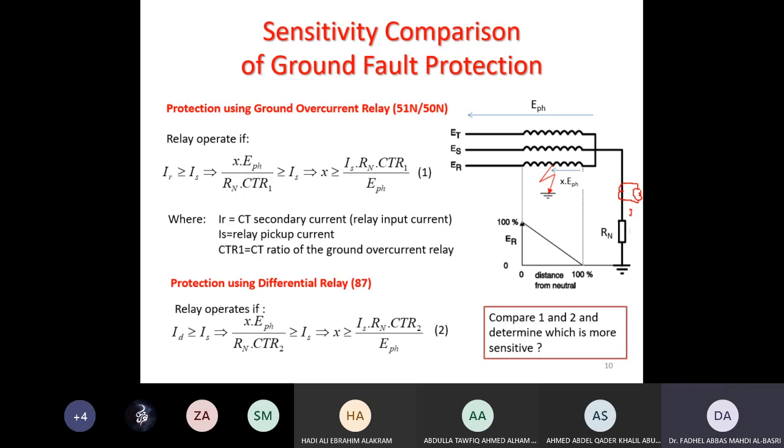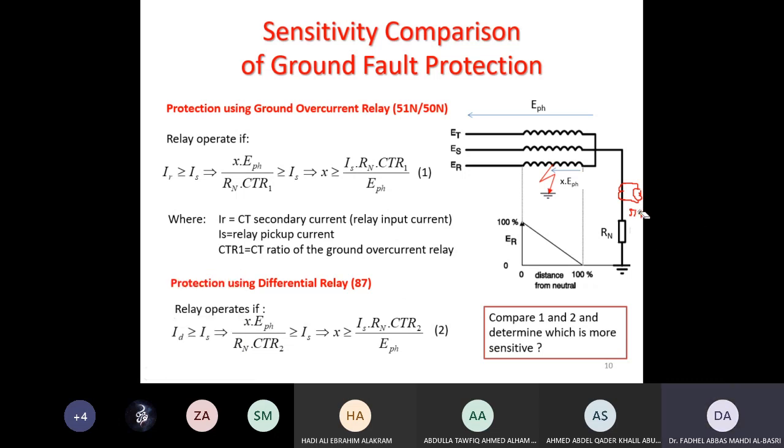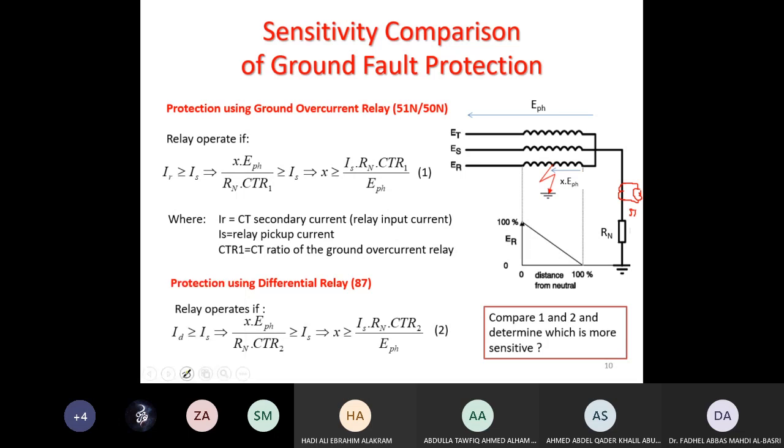So this is the 51N, to detect ground faults. So there's a current here, I'll see a current in the secondary, and if this current gets to pickup, I will detect this fault.